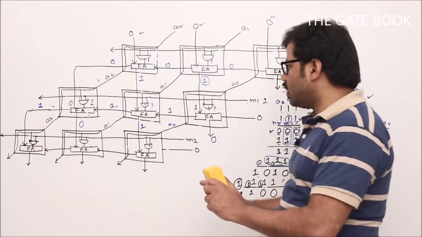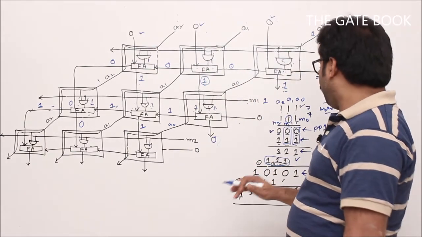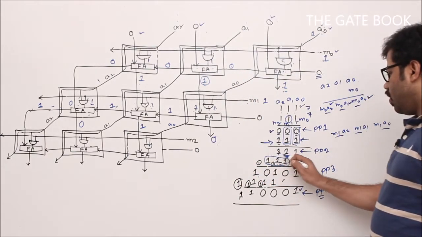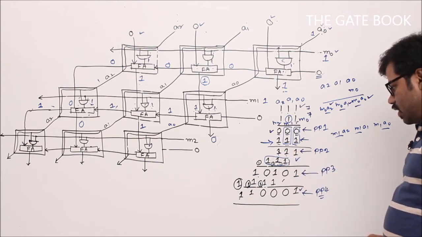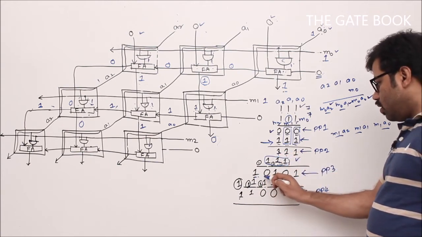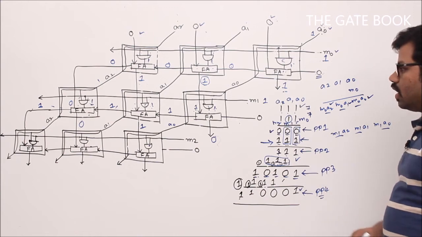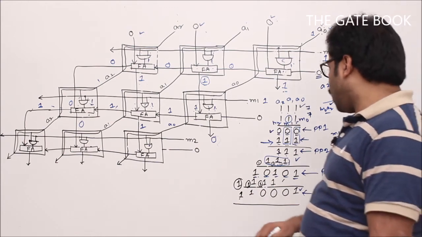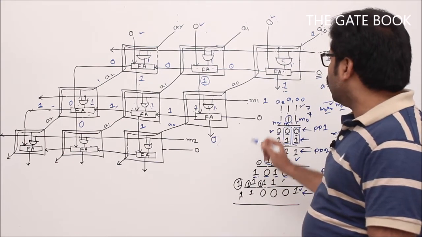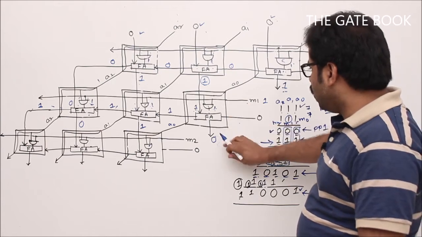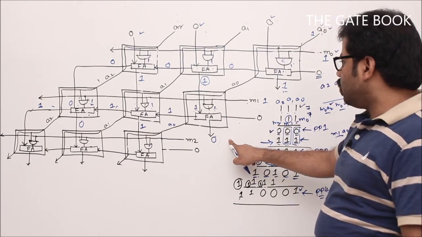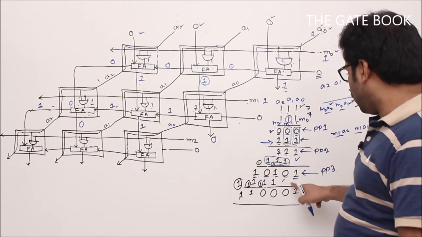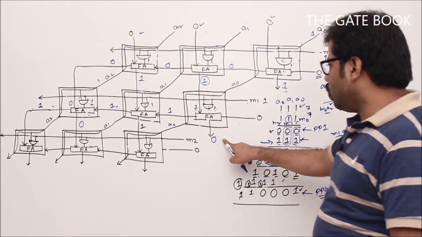Now just focus on the next partial sum. First partial sum was 1 1 1, right? Here 1 1 1. Next partial sum should be 1 0 1 0 1. Is that true? We will see. Next partial sum, if you see, so here start. So the next partial sum 1, see here 1 0.